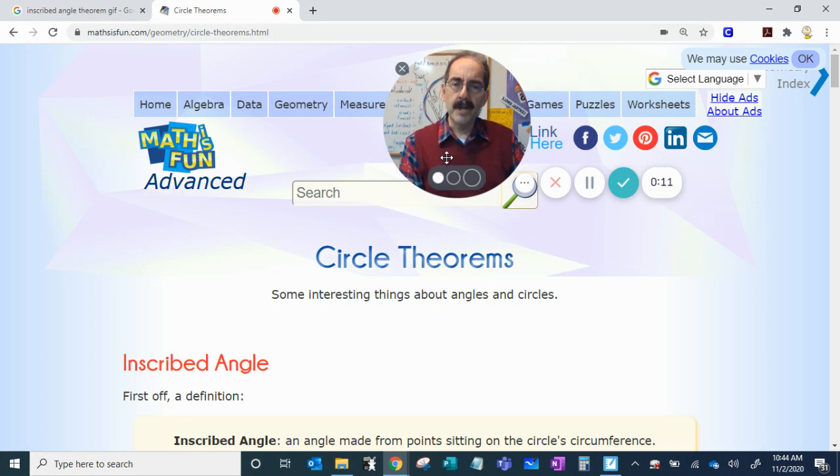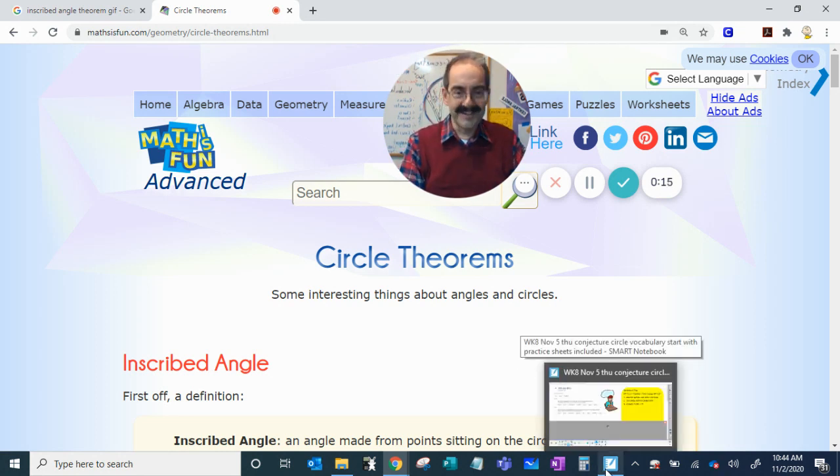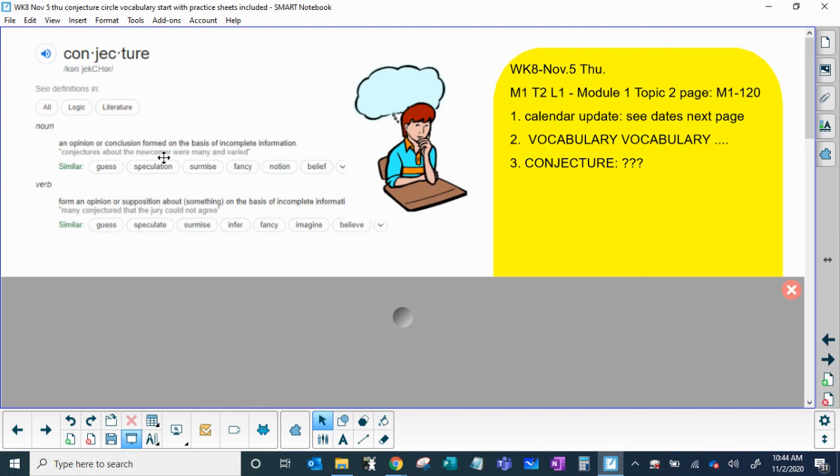Now I want to introduce a new idea today, a new vocabulary term. That vocabulary term is conjecture. In class we talked about an opinion, a conclusion based on incomplete information.